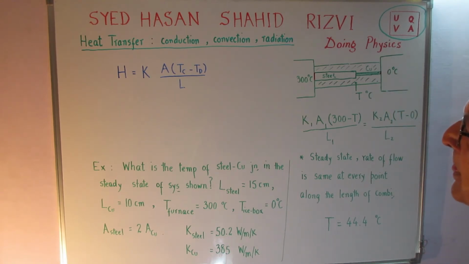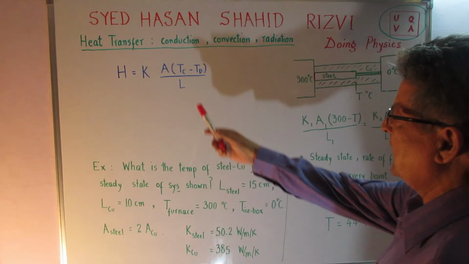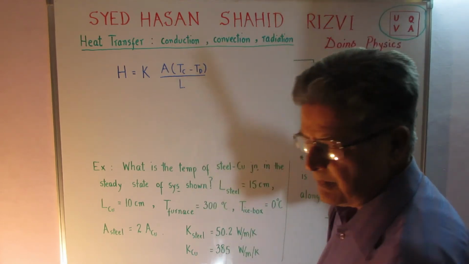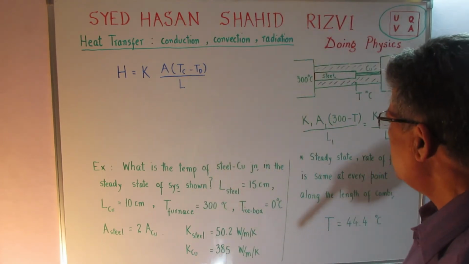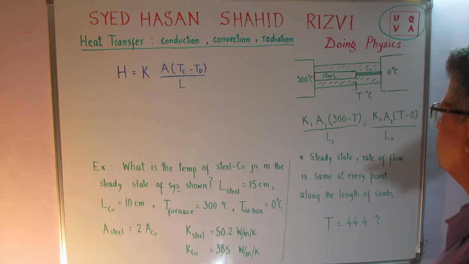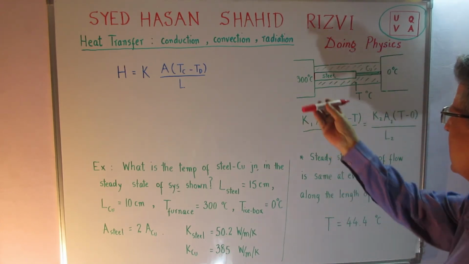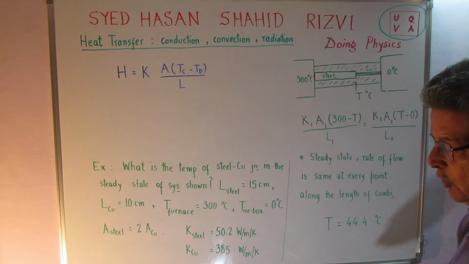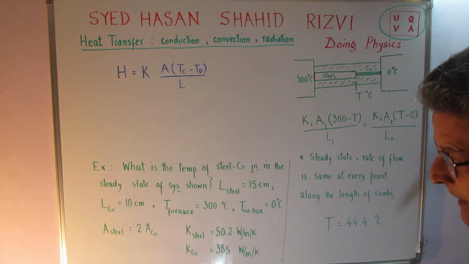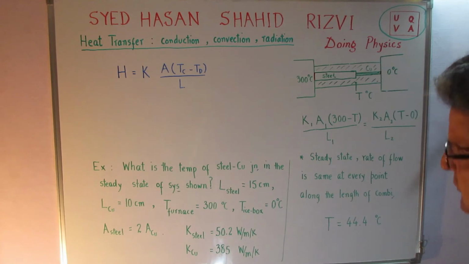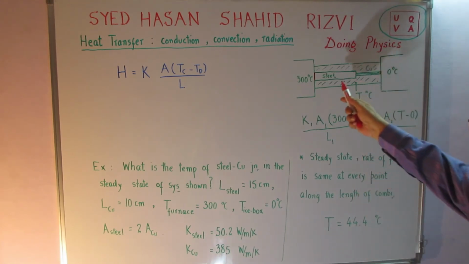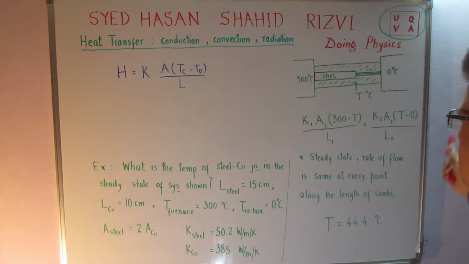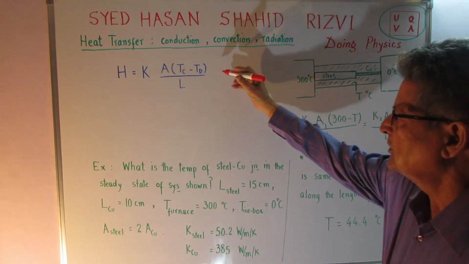In fact, I will make the application of this: H is equal to KA (Tc minus Td) upon L. Okay, and under the steady state, I can have n rods of n materials. So there will be several junctions, and the junction temperatures we can find out by a similar kind of arrangement using this relation.